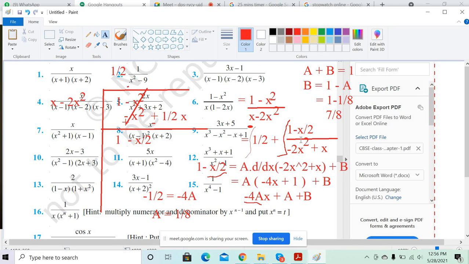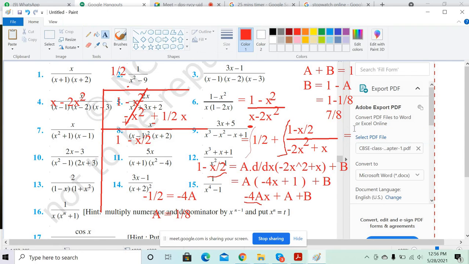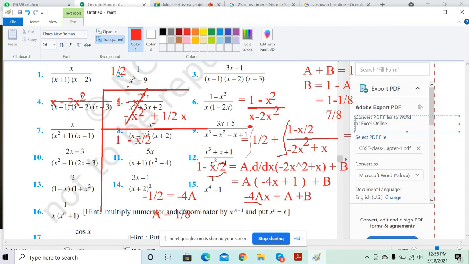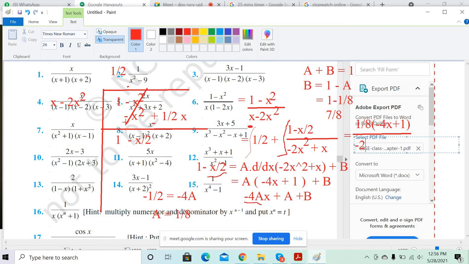So this will be represented as 1 by 8 bracket minus 4x plus 1, the whole divided by minus 2x square plus x, correct?